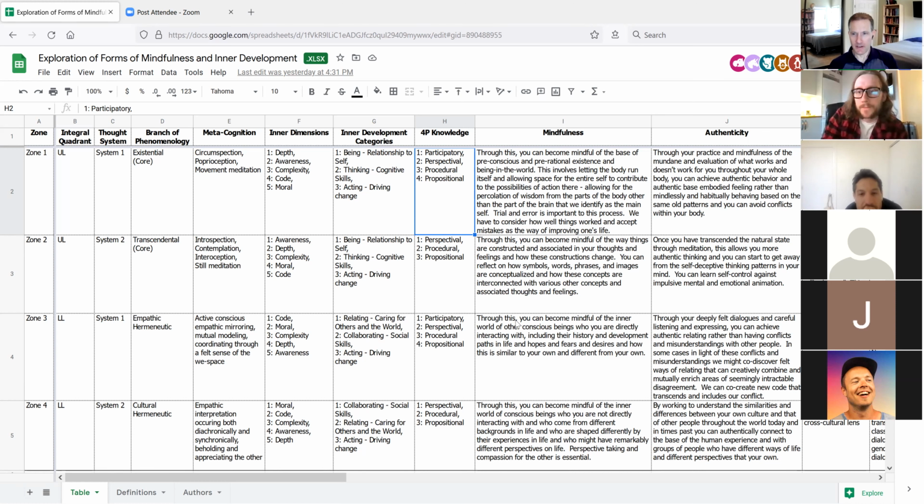Okay. So then I can go on and ask, for Hansi, what of the inner dimensions is the relation to these rows in this table? I would say that any of these practices probably has the ability to develop any of the dimensions that Hansi has identified.